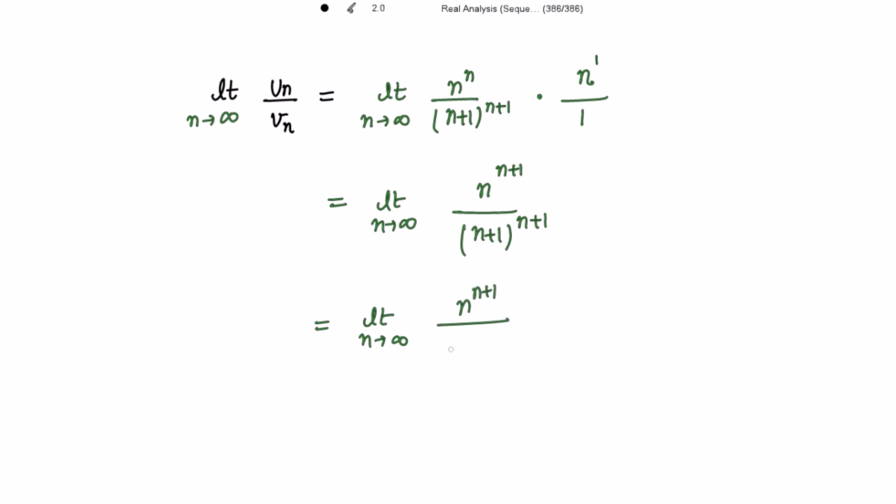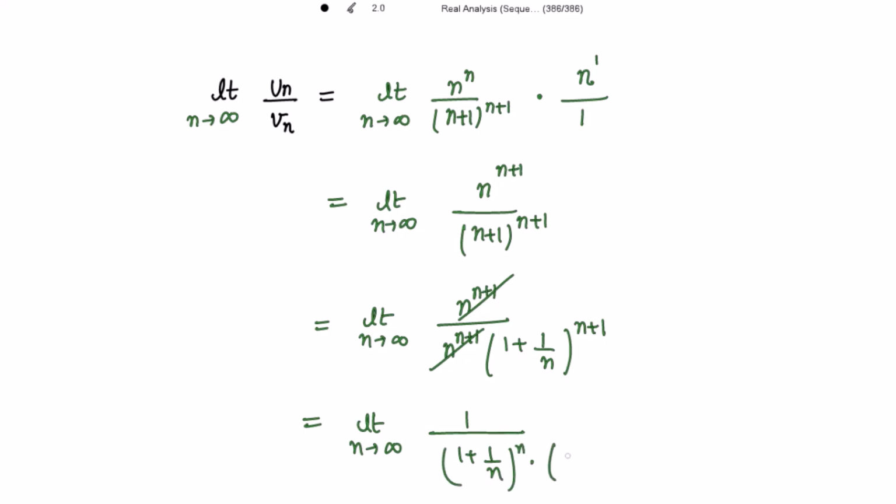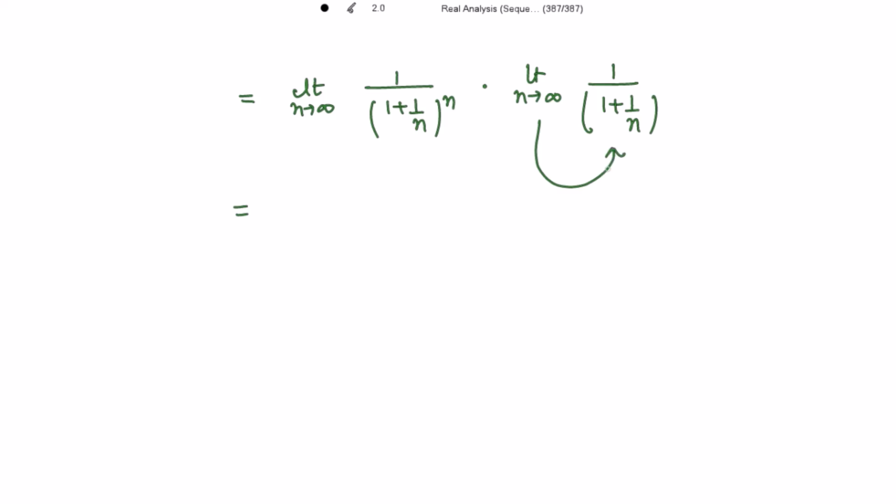I can write the denominator as n to the power n plus 1 times 1 plus 1 by n to the power n plus 1 if I take n common. So these two cancel out. Further we can write it as 1 divided by 1 plus 1 by n to the power n into 1 plus 1 by n. Applying the limit as n tends to infinity, in the second bracket 1 by n tends to 0, so it is 1. So we get 1 divided by 1 plus 0, which is equal to 1.